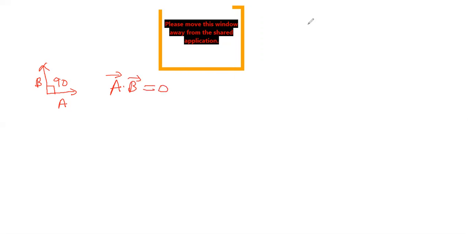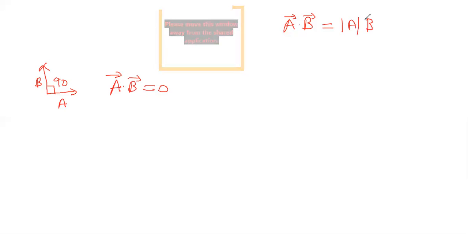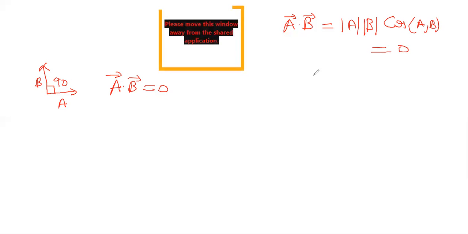Because A bar dot B bar is given by mod A mod B into cos theta, where theta is the angle between these two vectors. Now if the dot product becomes 0, it implies that cos of the angle between the two vectors is 0.